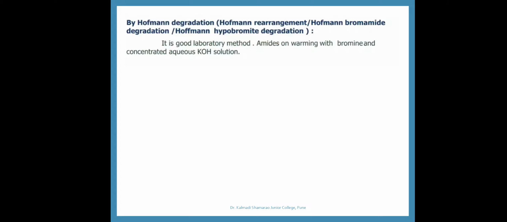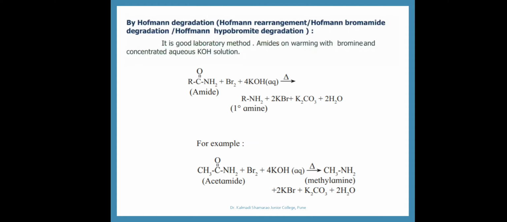Next reaction is the Hofmann degradation, which is also known as Hofmann rearrangement, Hofmann bromamide degradation, or Hofmann hypobromite degradation. Now this is a good laboratory method. Amides on warming with bromine in concentrated aqueous solution of KOH give you primary amine.